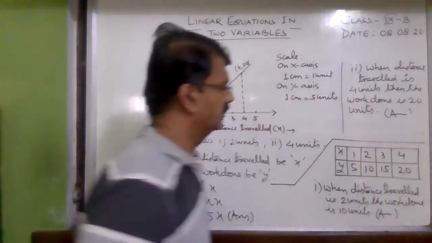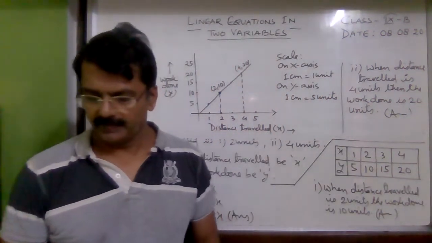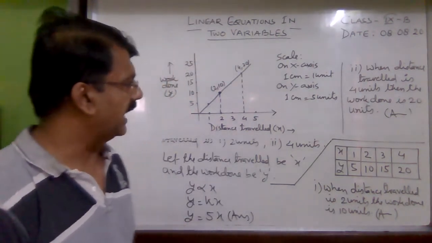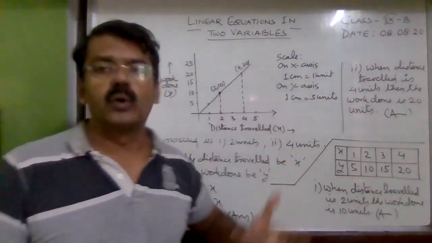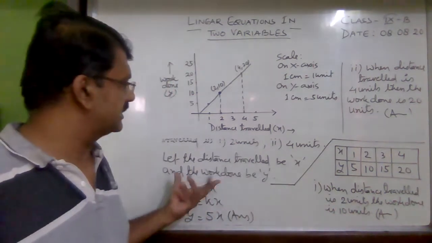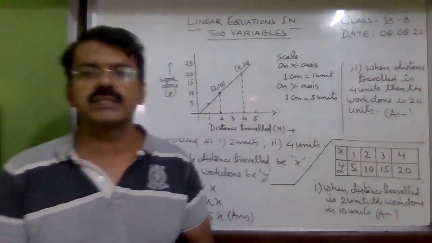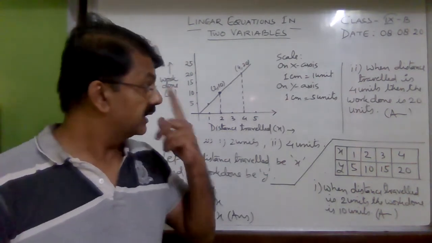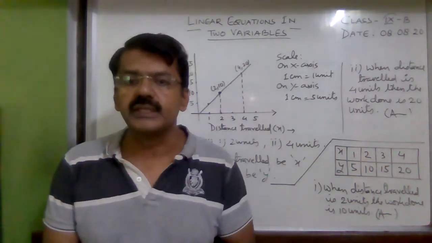Okay, work done is 20 units. You know that distance traveled usually we take in meters, and the force, which is given as 5 units here, is actually taken in newtons. Then the work done we get in joules, but they have used units here.